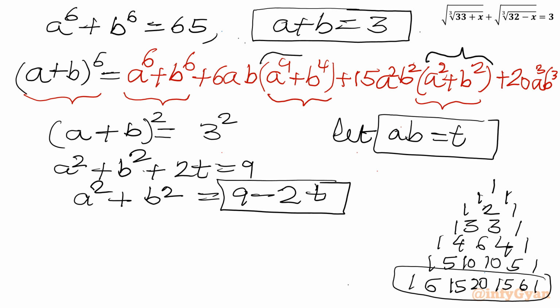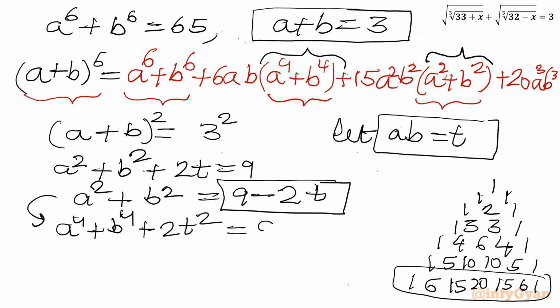Now the turn of value of a power 4 plus b power 4. I will consider squaring once again. So I will write a power 4 plus b power 4 plus 2a square b square, which I will write 2t square. And right hand side it is 9 minus 2t whole square.